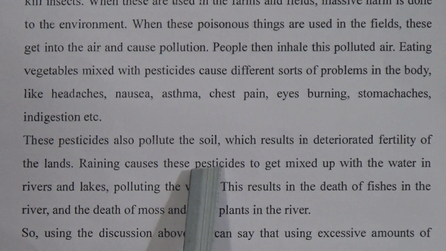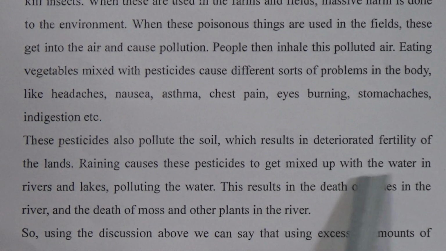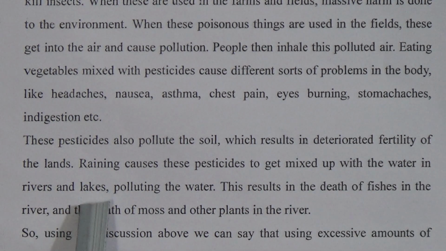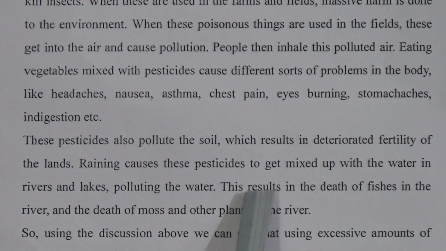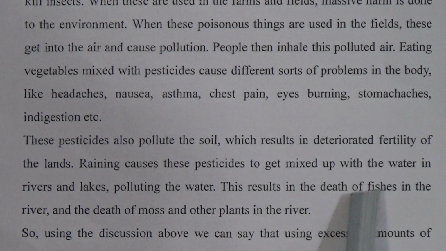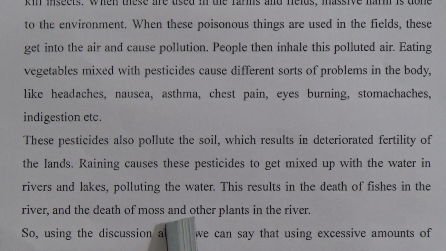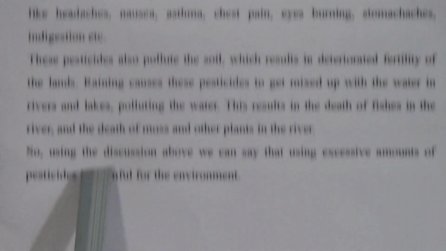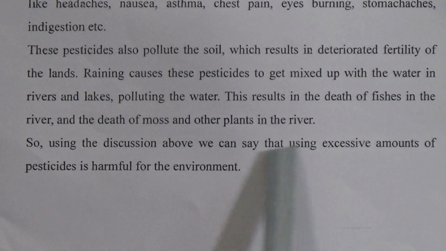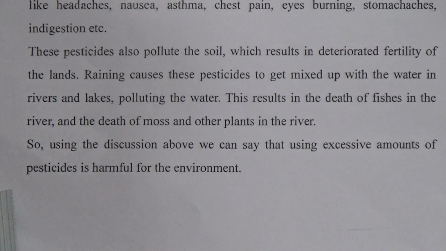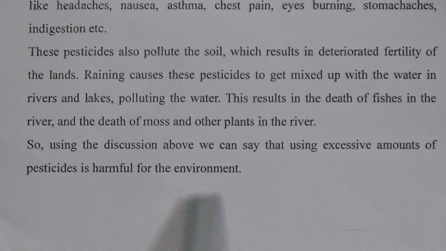Raining causes these pesticides to get mixed with water in rivers and lakes, polluting the water. This results in the death of fishes and the death of moss and other plants in the river. So using the discussion above, we can say that using an excessive amount of pesticide is harmful for the environment.